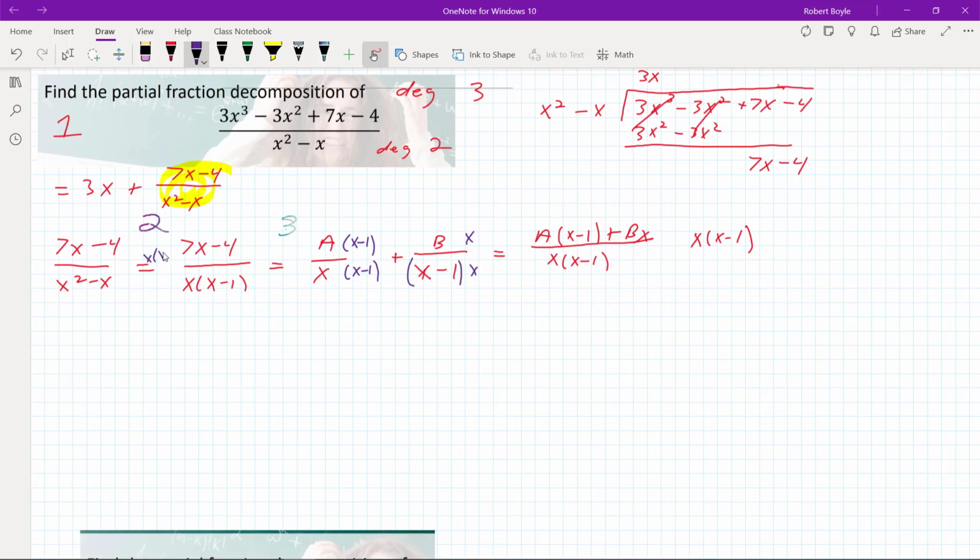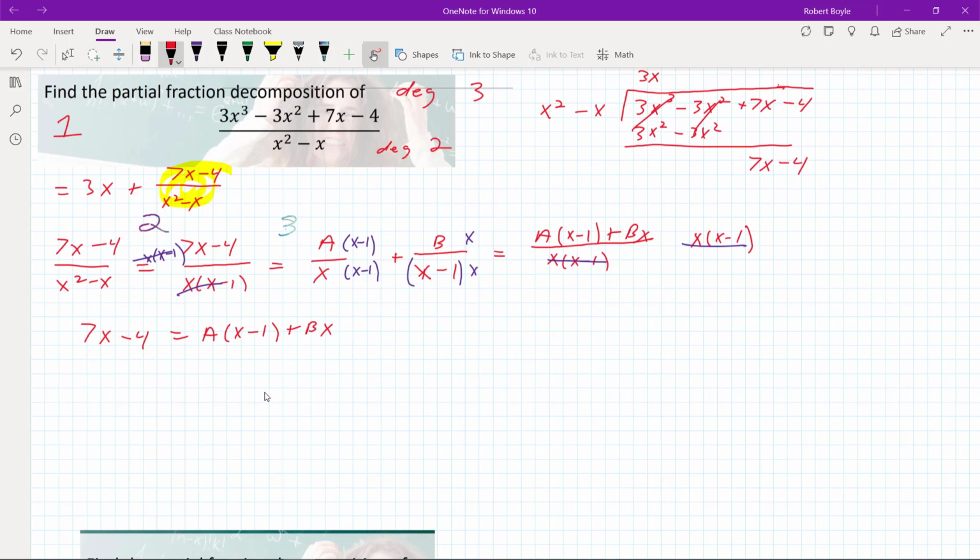This cancels that, this cancels that, and I am left with 7x minus 4 is equal to a times the quantity x minus 1 plus b times x.